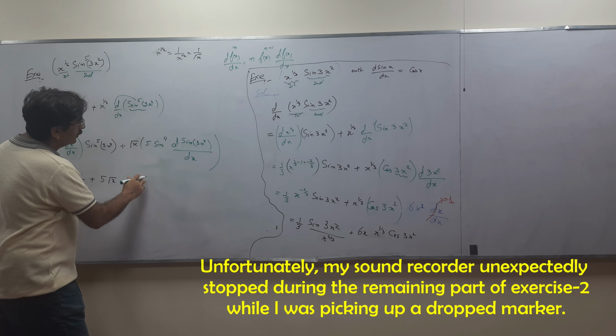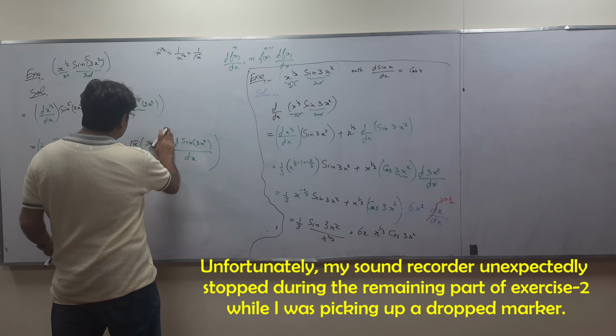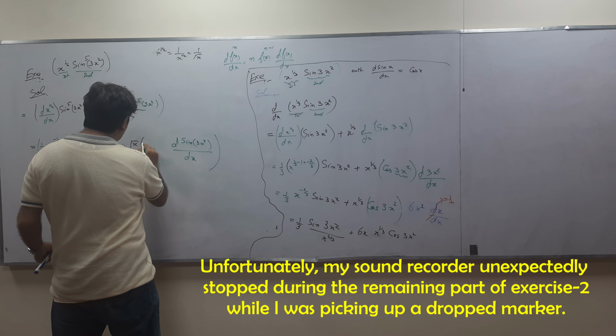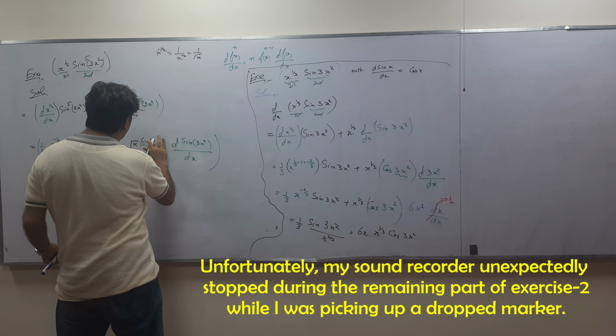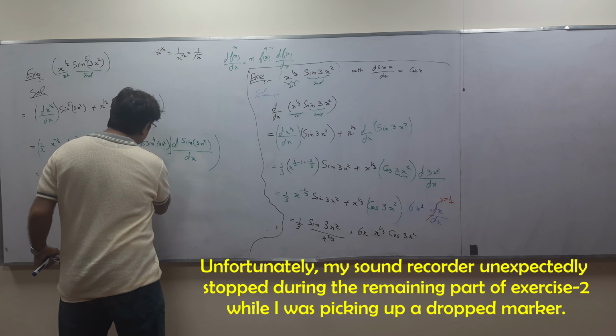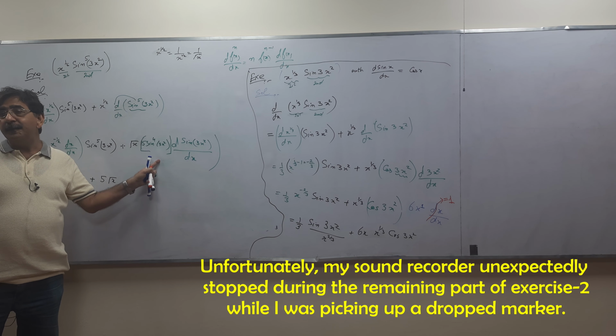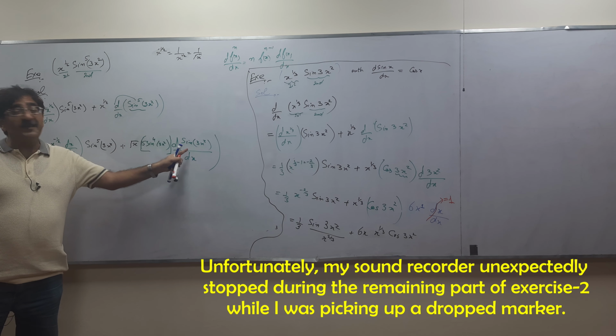The sine power derivative: 5 sine power 4, argument is 3x squared. Sorry, 5 sine 4 of 3x squared. It will come as it is. Then we will differentiate.